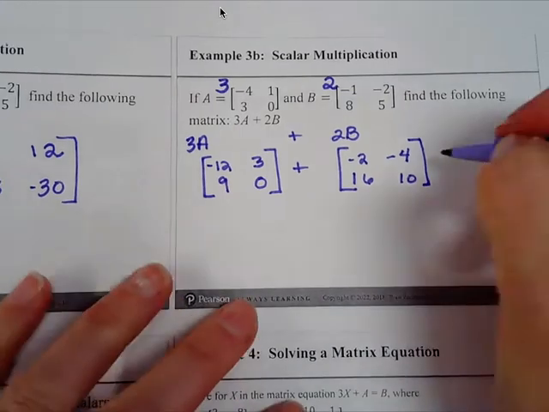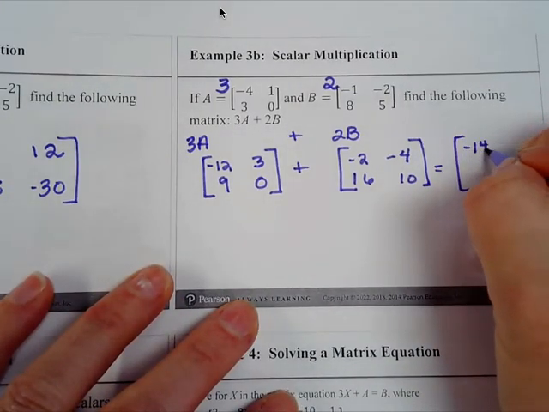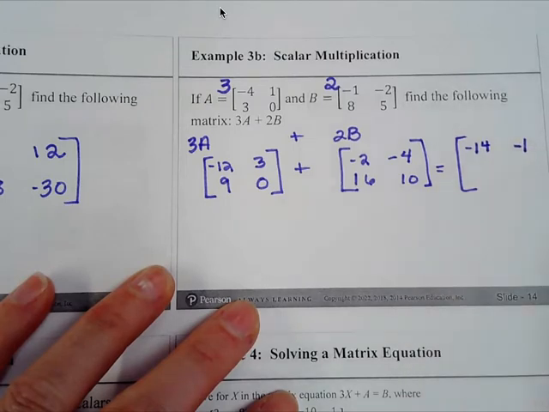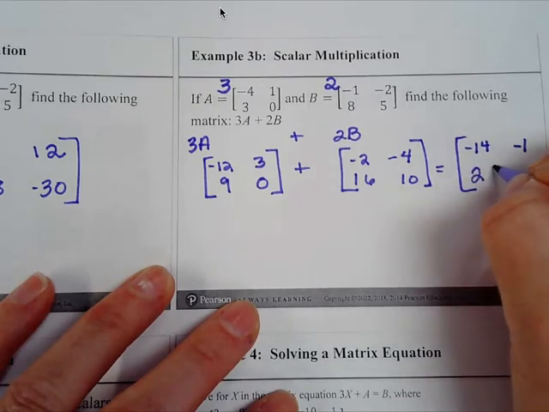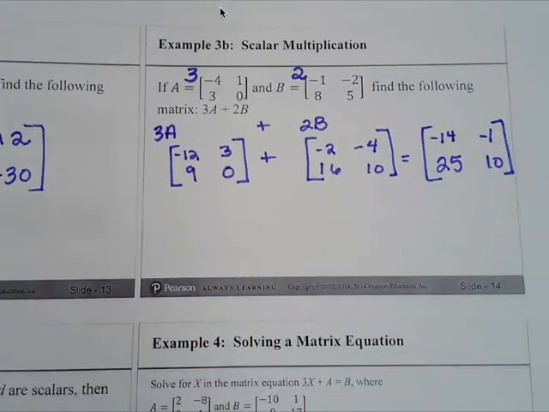And then we add them. And so that's what results. -14, -1, 25, and 10.